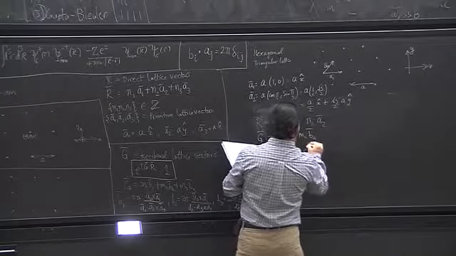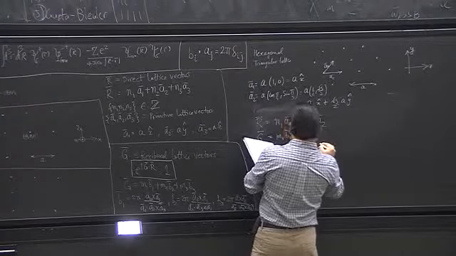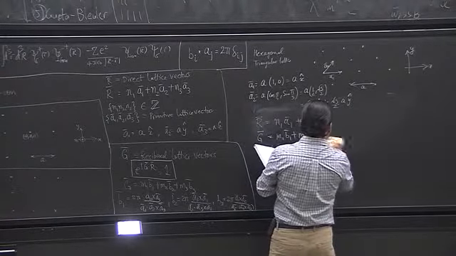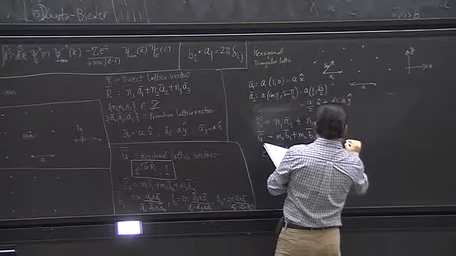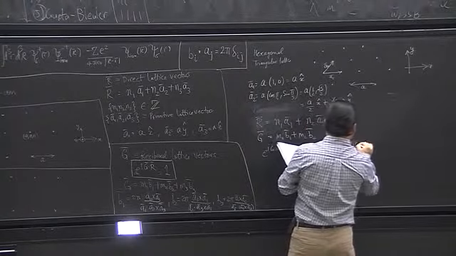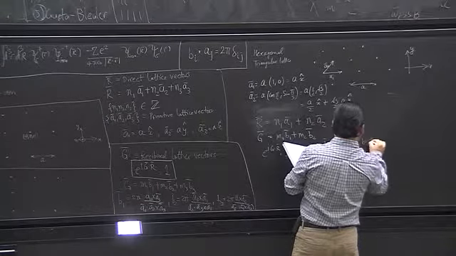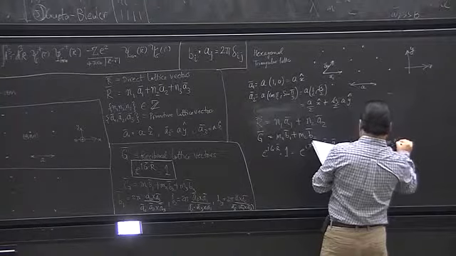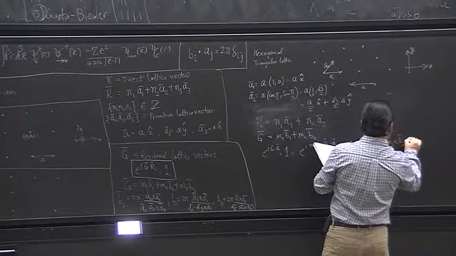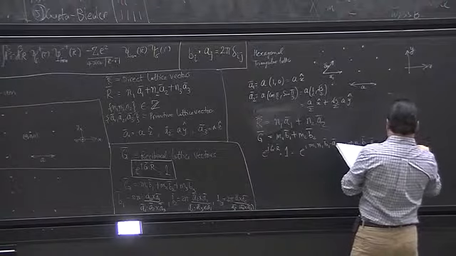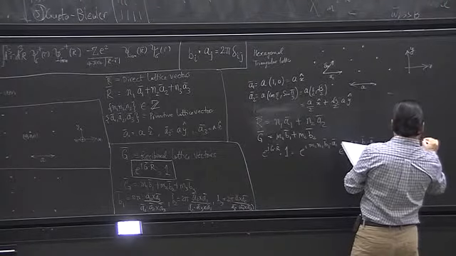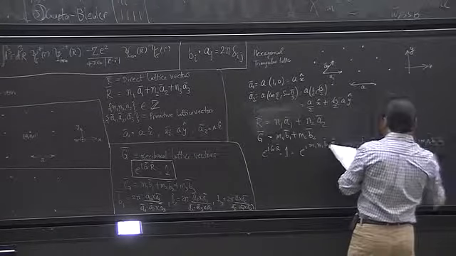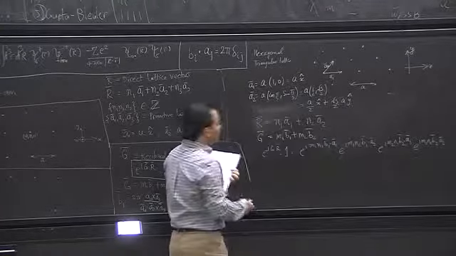That means e to the power i m1 n1 B1 dot A1. Now this should be 1.